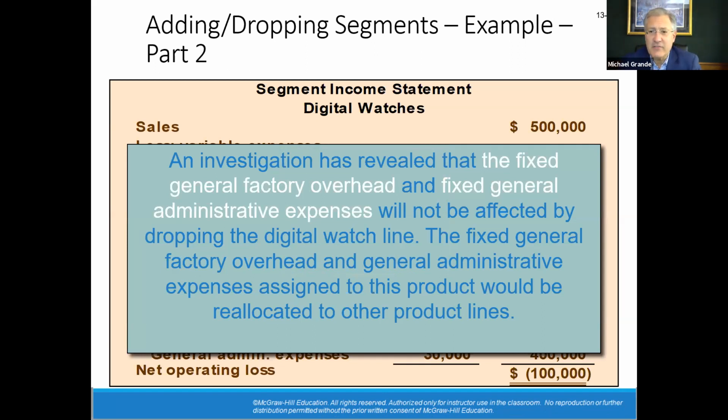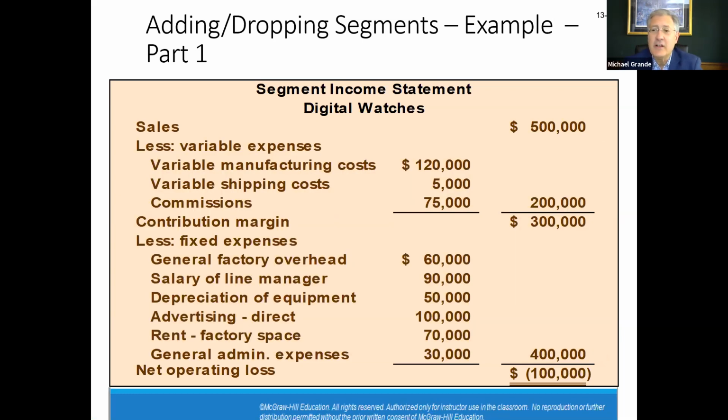The fixed factory overhead and general administrative expenses assigned to this product would be reallocated to the other product lines. So these two items don't go away, they simply get reallocated to the remaining product lines. So we know those items don't go away. And which ones are they? General factory for $60,000 and general administrative expenses for $30,000, for a total of $90,000.